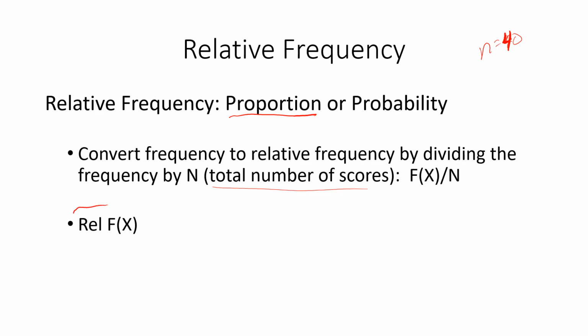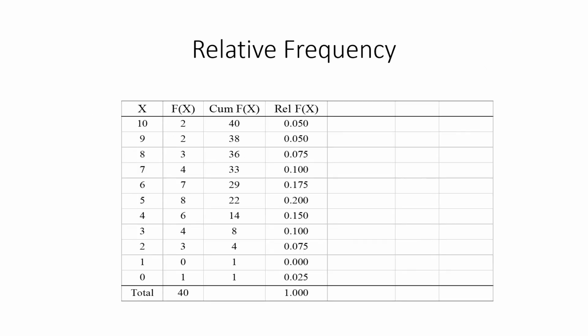And we write it like this. Relative f of x, let's look at that. I'll actually be able to explain it better in the graph. So what we have here is our relative frequency column. What you want to do is take your frequency column and divide that by 40.